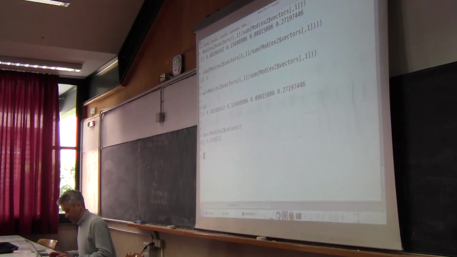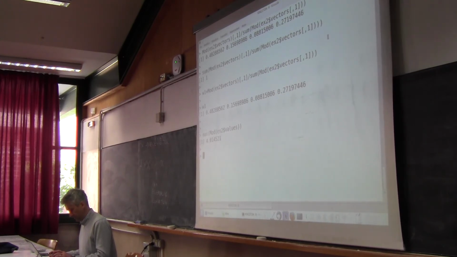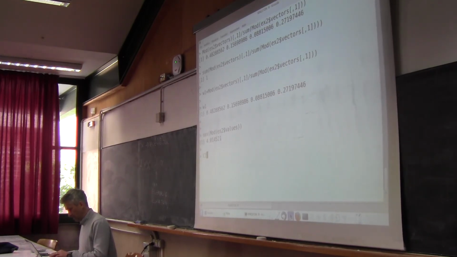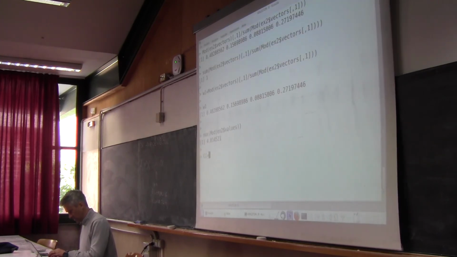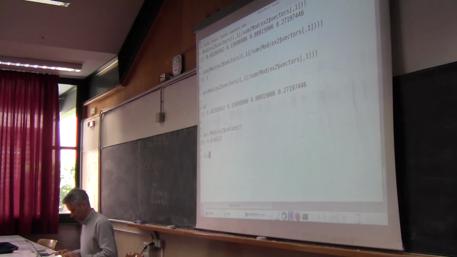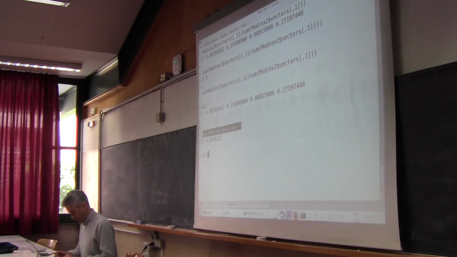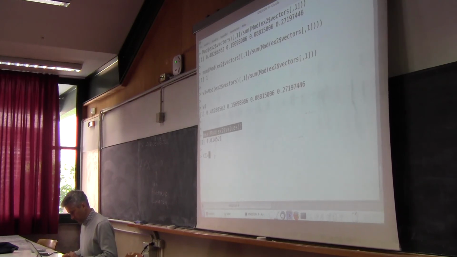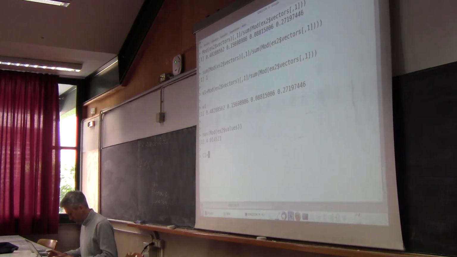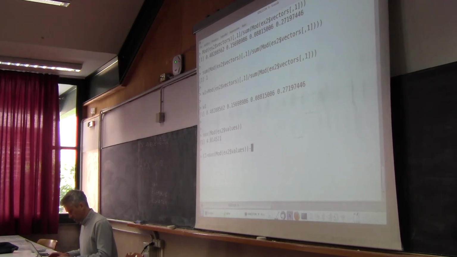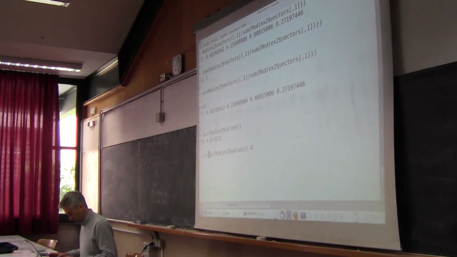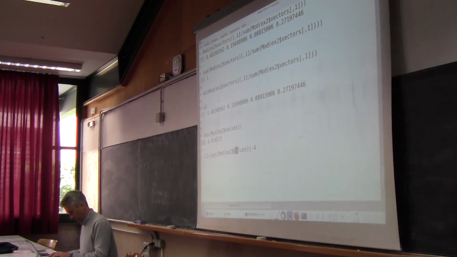4.01. So basically now let me compute this quantity, CI. The CI is equal to this quantity here minus 4 divided by 3.